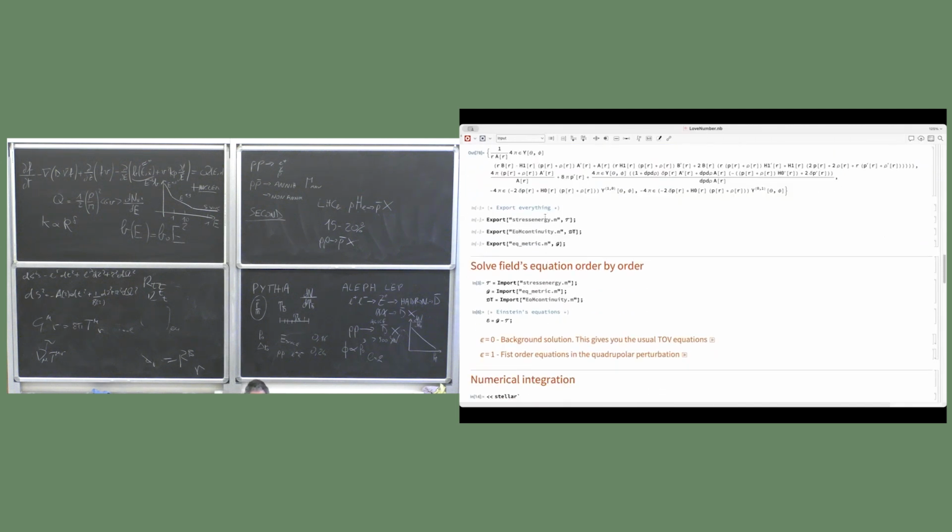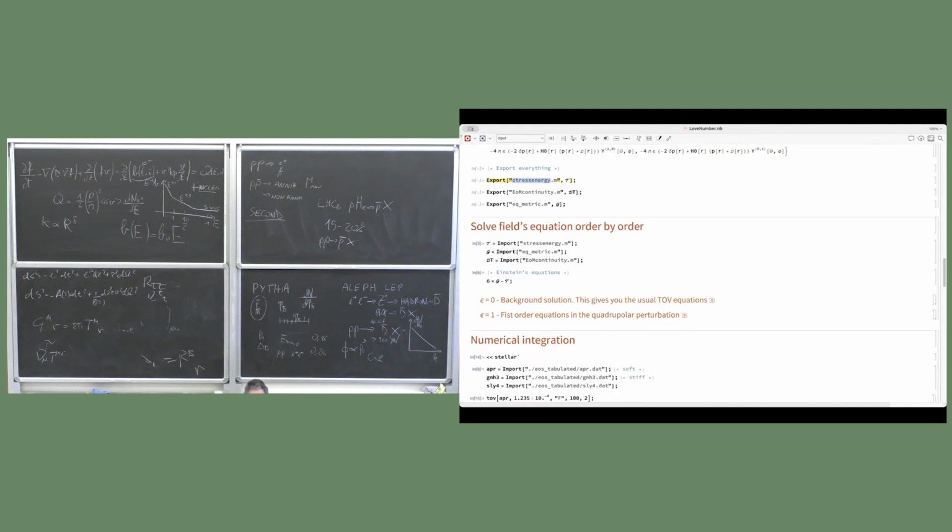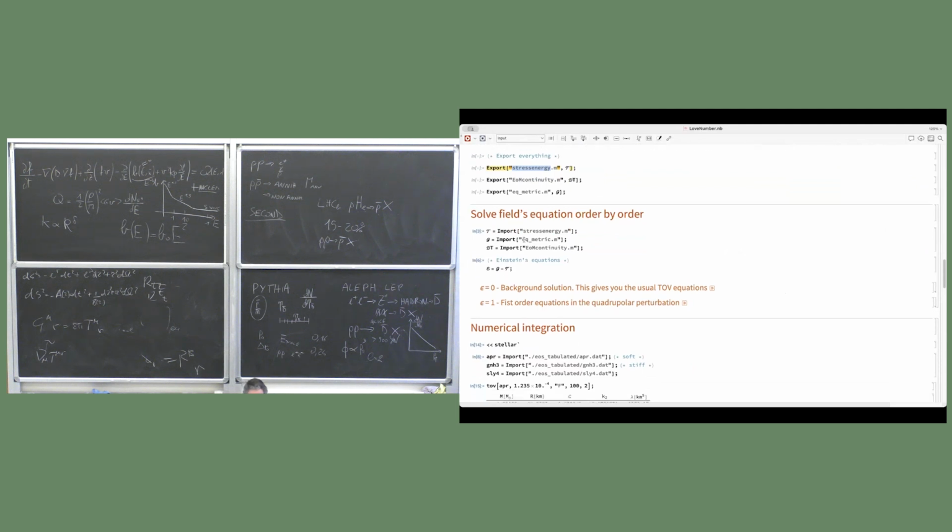Okay, now in Mathematica, you can export things because I don't want, for example, to redo the calculation from scratch. So in principle, you can export your quantities and then import them so that you can work directly on the perturbed things instead of redoing all the calculations.